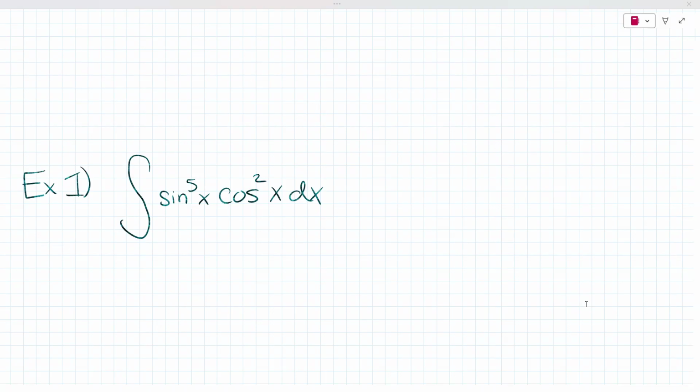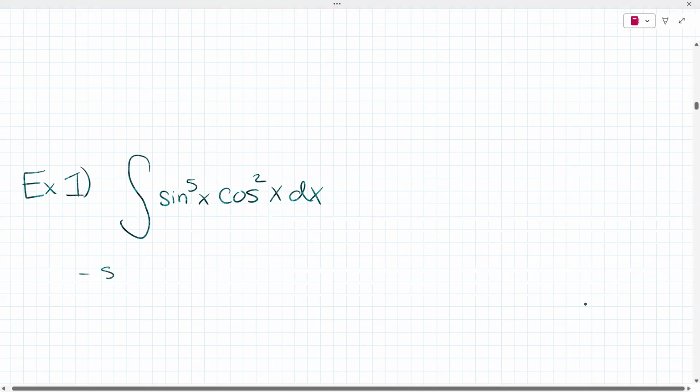Example one says, take the integral of sin to the power 5x times cosine square of x dx. Okay, so we're dealing with sine and cosine, and what do we know? We know that the sine is odd.